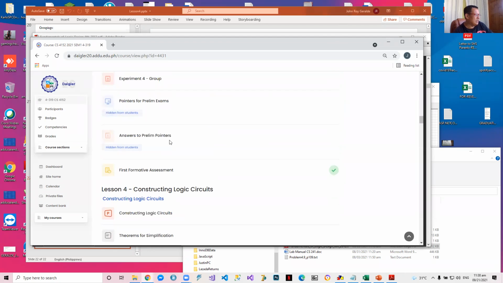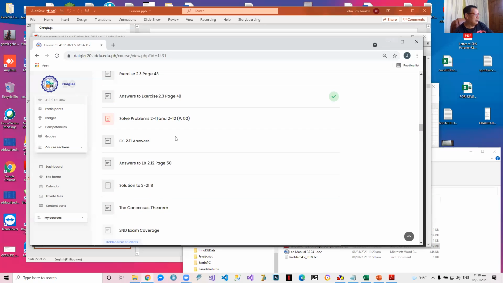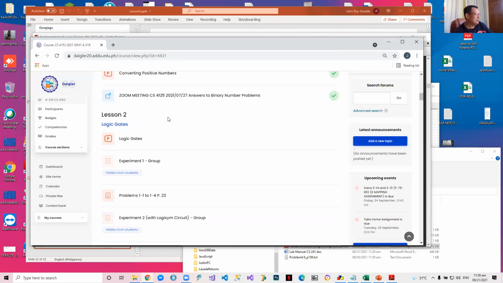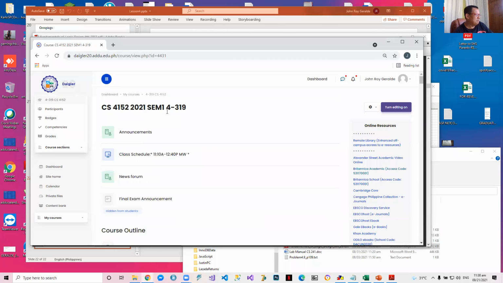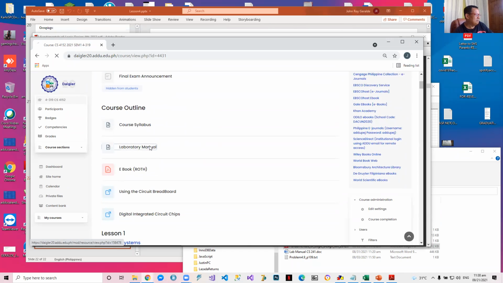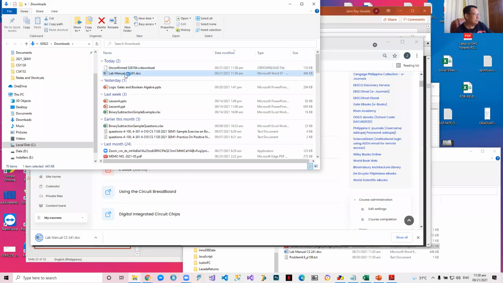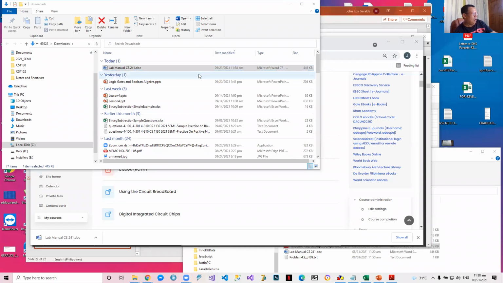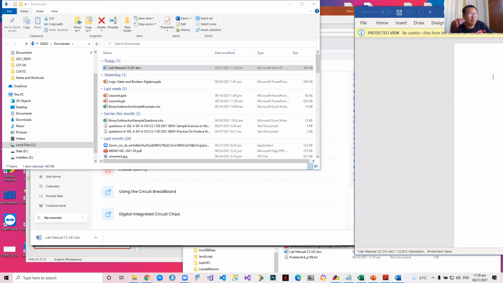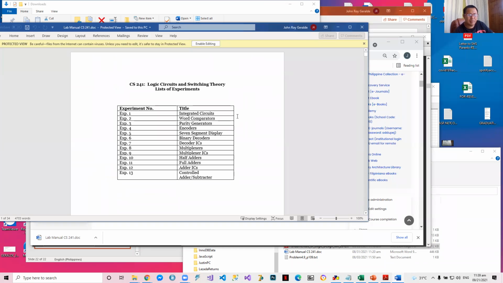Experiment 4 in Cedar Logic. Experiment 4. What is encoders? No? Encoders. Okay. Experiment 4 and 6 lang tayo. Experiment 4 is encoder. This is used in a keyboard.